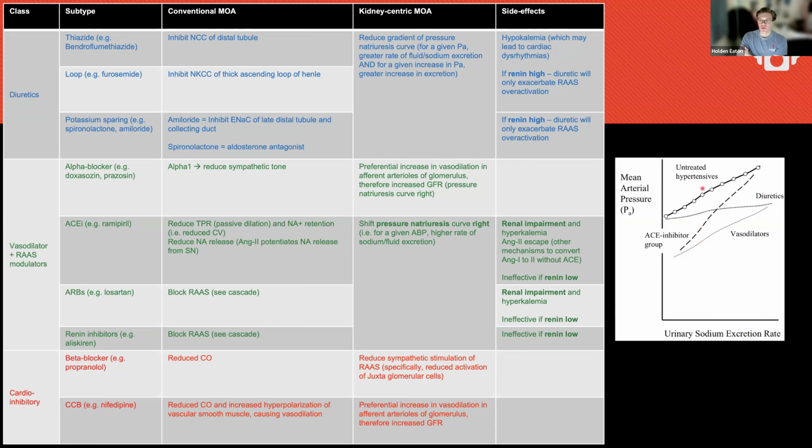And by shifting the curve to the right, if you take this ACE inhibitor curve here, or line, for every level of mean arterial pressure, you have a much higher level of urinary sodium excretion. So all of these drugs will shift the pressure natriuresis in favor of more excretion for a given mean arterial pressure.